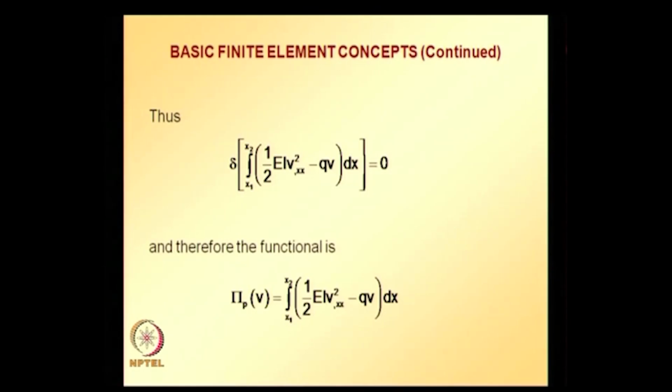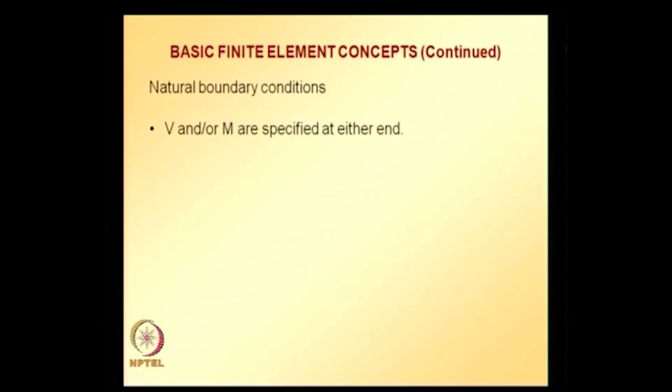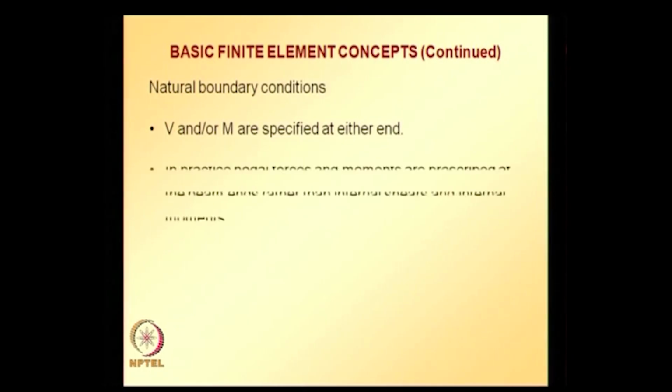Suppose natural boundary conditions are specified, that is, moments and shear forces are specified. We need to substitute those values and simplify the functional that we have seen earlier. Natural boundary conditions V and M are specified at either end.